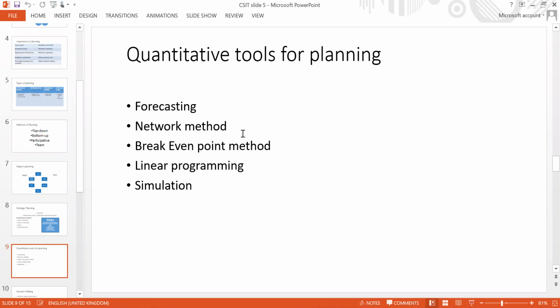In break-even point, another cost is the variable cost. Variable costs are those costs which depend upon the number of units that you produce. If you produce less, then the variable cost will be less. For example, the cost of raw material: if you produce less, then the cost of raw materials will be less. If you produce more, then the cost of raw materials will go up.